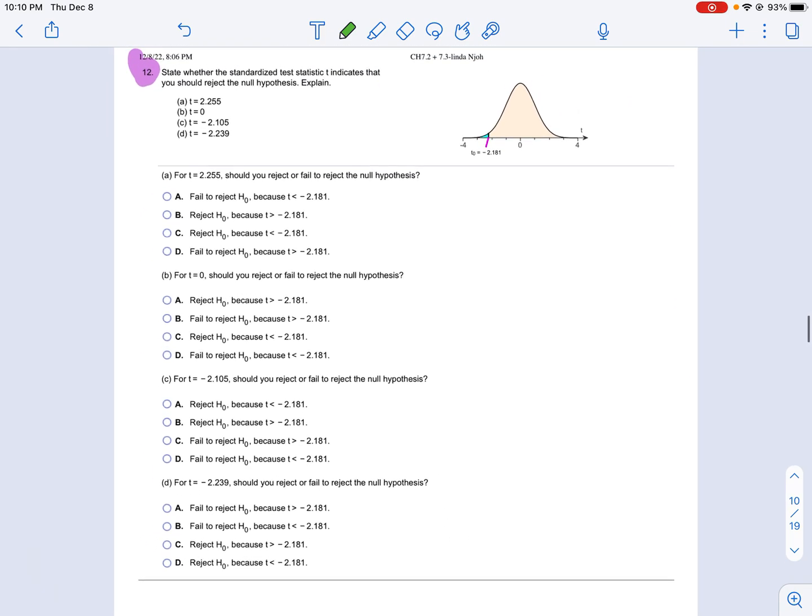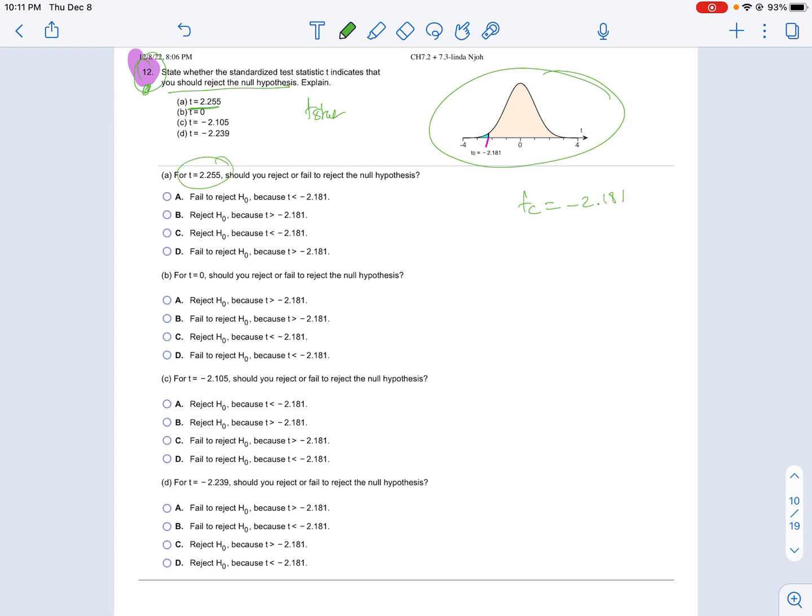Now this one is actually pretty nice. It says state whether the standardized statistics, so t-stat, indicate you should reject a null or fail to reject a null. So here, from what I understand, it's a left tail test, and your critical is negative 2.181.